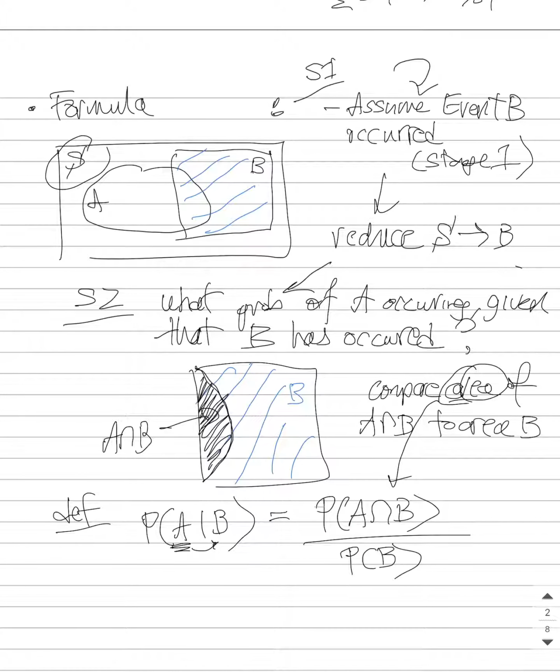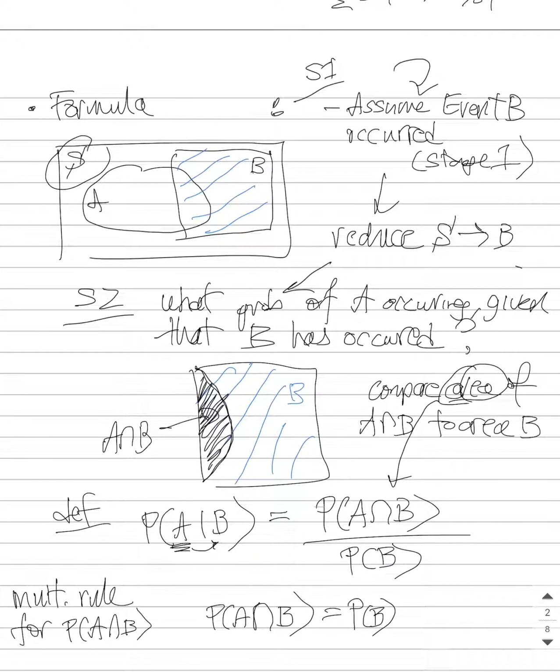You can rewrite this as a multiplication rule for an intersection. We can reorganize this and say the probability of these two stages happening, B and then A, is a multi-stage product. First, you need to know the chances of getting B. That would be stage 1. Then you multiply it by the chance of getting A, given that you know B has occurred. That would be stage 2.